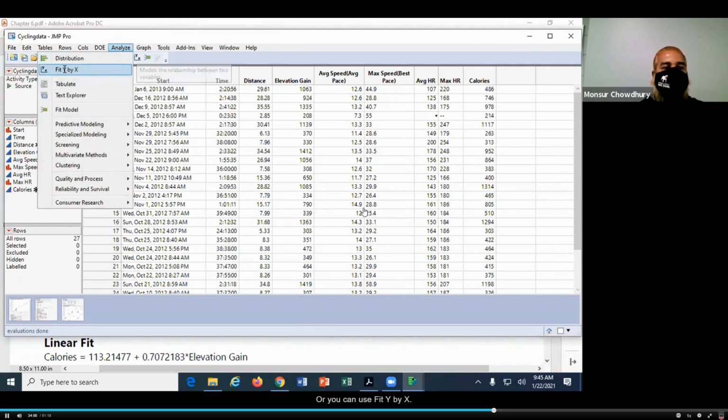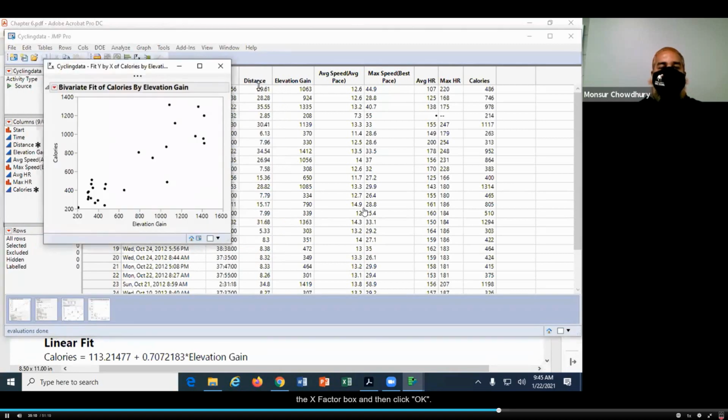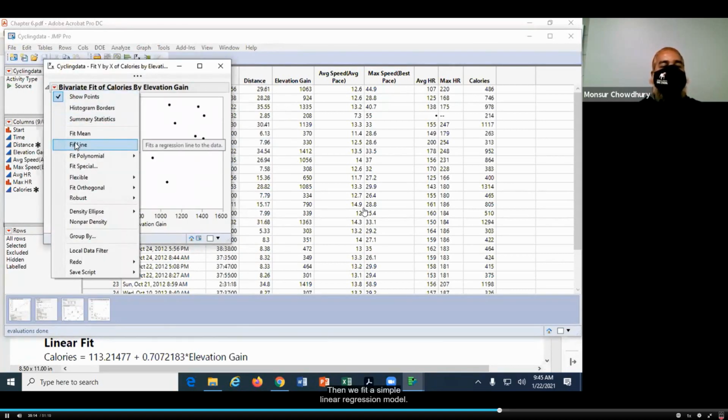So we can use Fit Y by X. Our response variable is calories, so we put calories in the Y response box, and our only predictor is elevation gain. We put this into the X factor box, click OK, and then we fit a simple linear regression model.